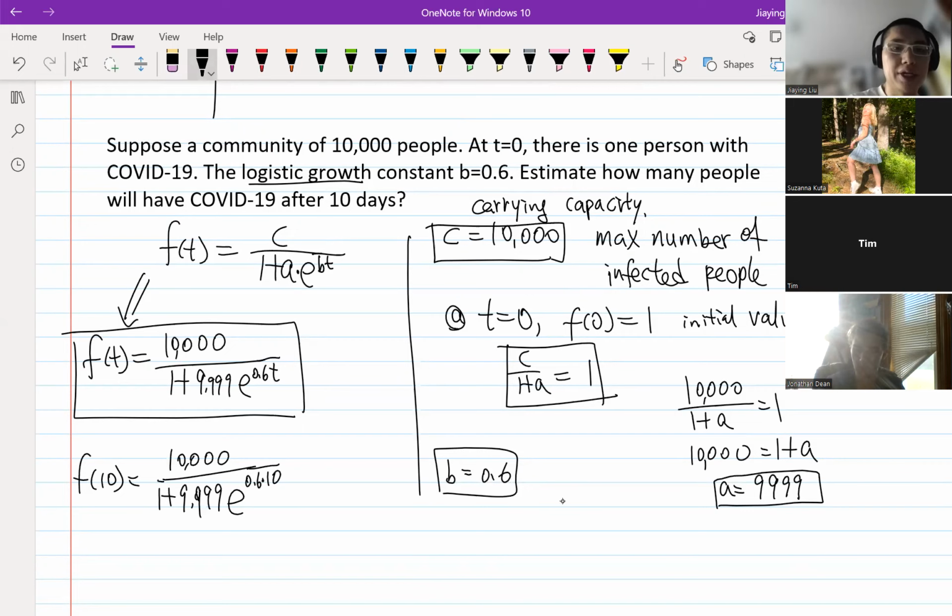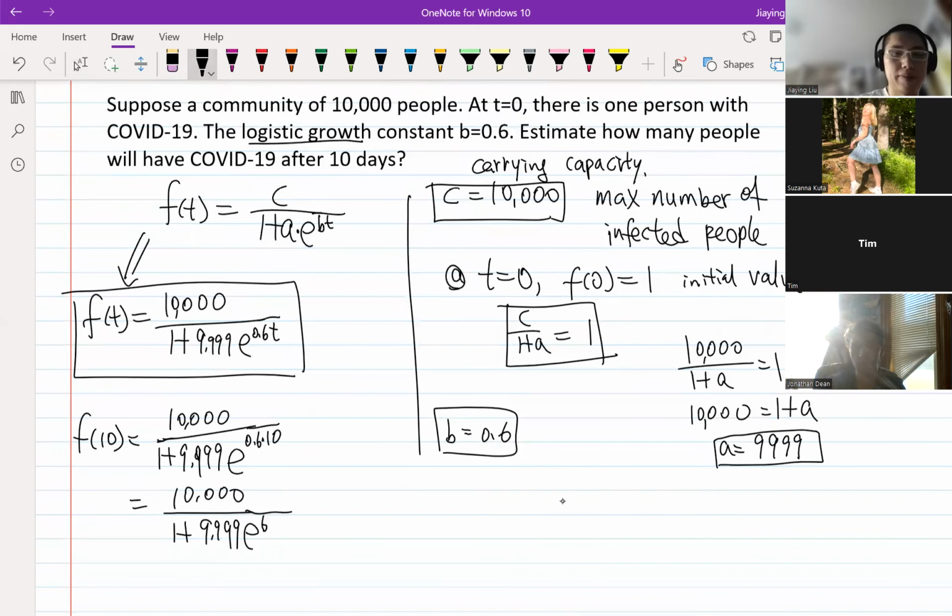And we really need a calculator in order to get a good estimate. But suppose I don't have a calculator, I'm going to leave it as 1 plus 9,999 and e to the negative 6th power. And that will be the population.